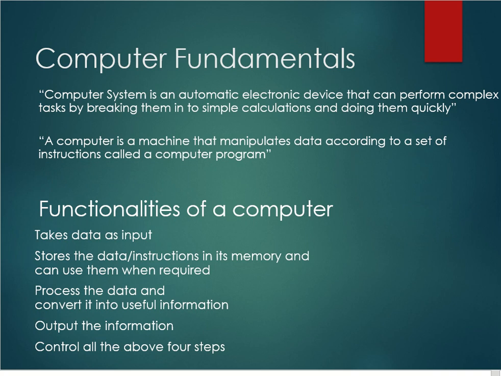That means we can list out the functionalities of computer as simple as this. It is a device that takes data as input, and it stores the data or instructions in its memory, and it uses them when they are required, and it processes data to get output, and it convert it into useful information.